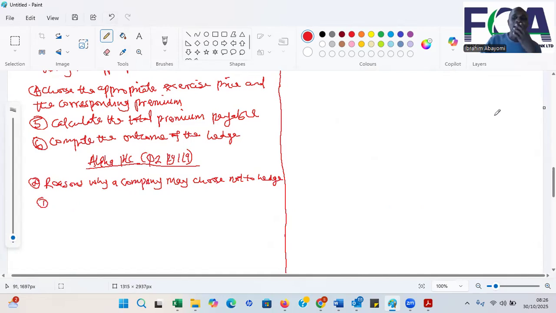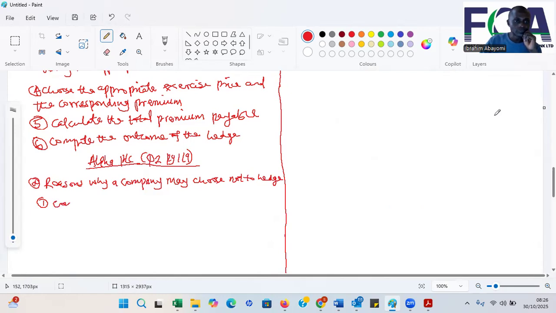One, a company may choose not to hedge if the cost of hedging is more than the benefit. Cost-benefit analysis, okay? Cost is an important consideration when you are determining whether to hedge or not.